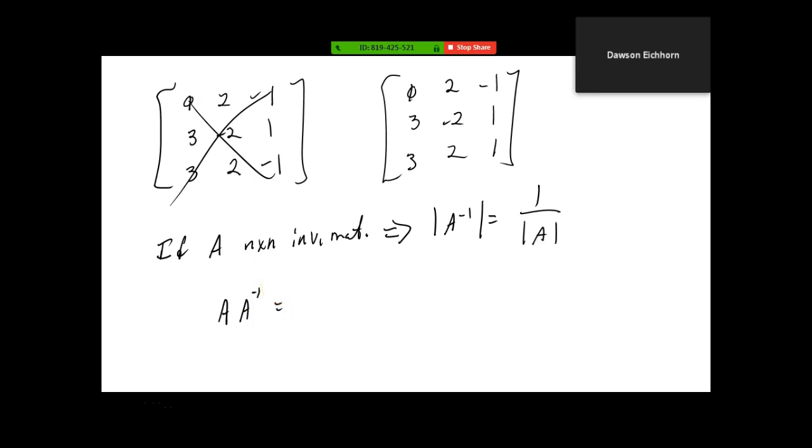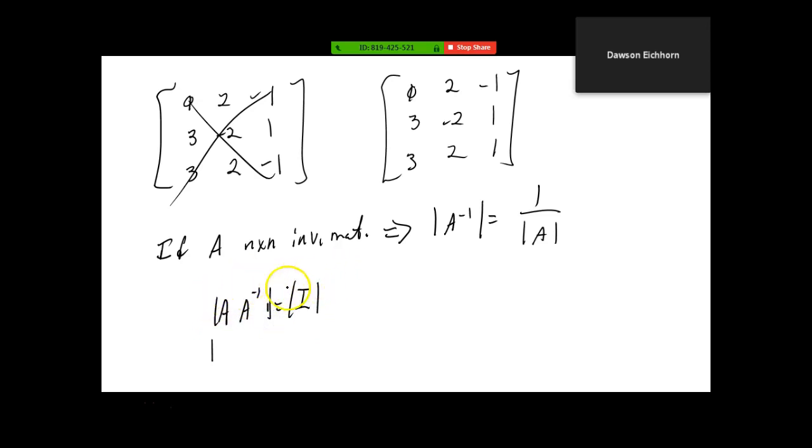The identity matrix, exactly. Let's take the determinant of both of those.